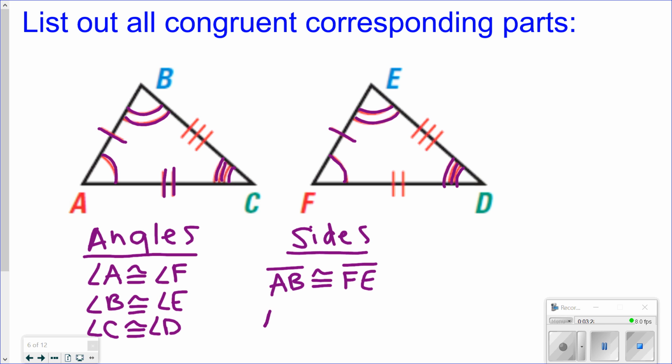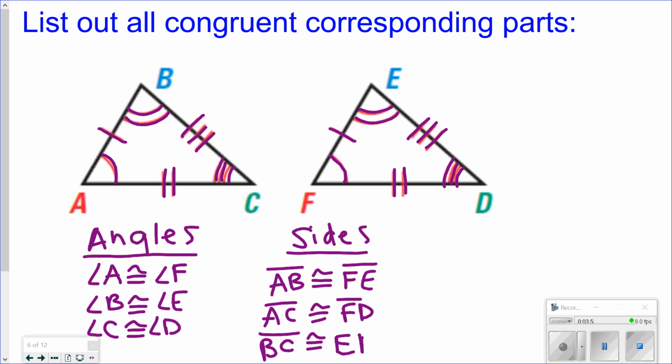So what segment would be congruent to segment AC? It would be segment FD, because we see two tick marks there. And finally, we have three tick marks here and three tick marks here, meaning those side lengths are congruent. So BC is congruent to ED.